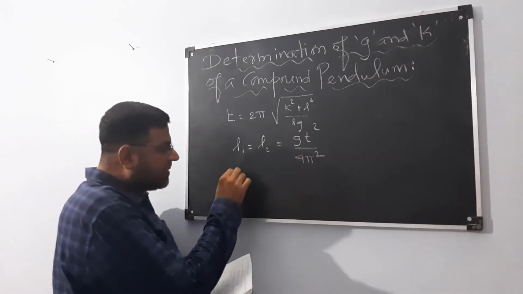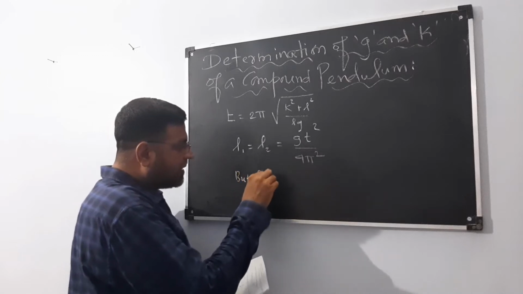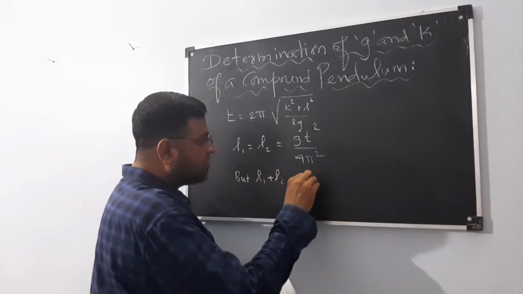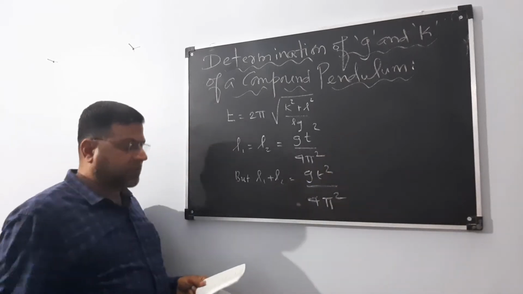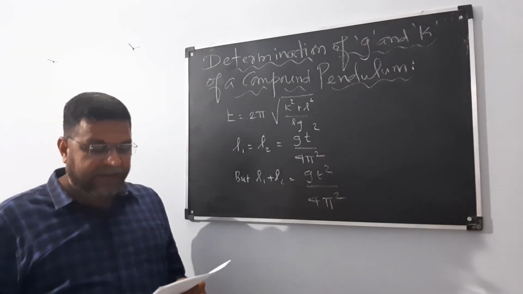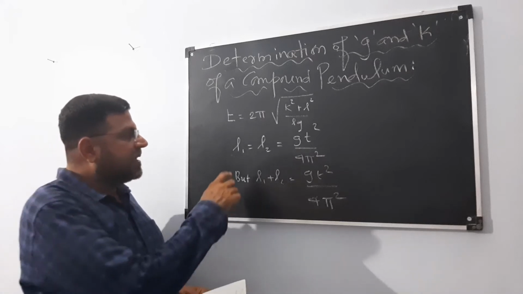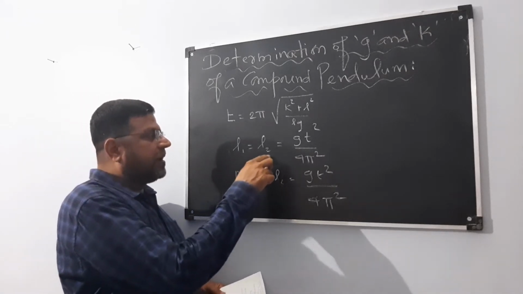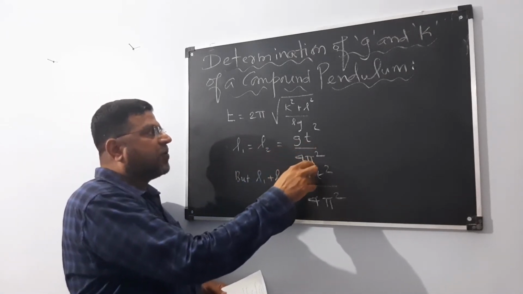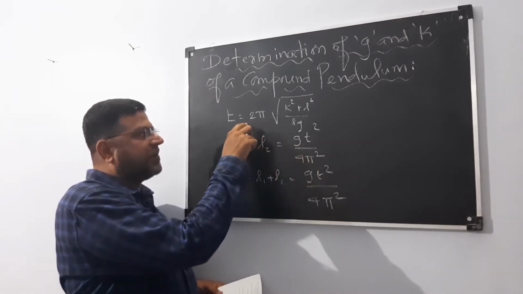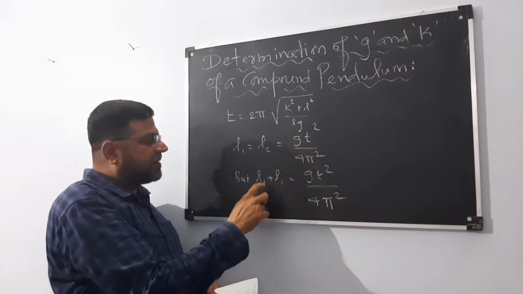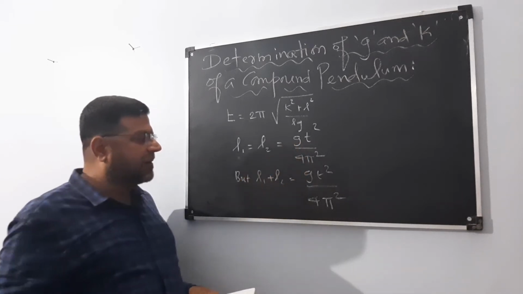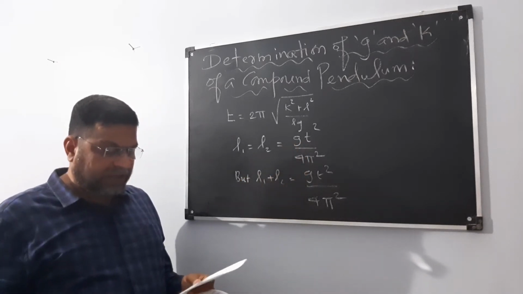But L1 plus L2 is equal to g T square by 4 pi square. For a particular value of L, the time period is minimum. Therefore, when L1 equals L2 equals g T square by 4 pi square, I have squared this value, so I made a small change.